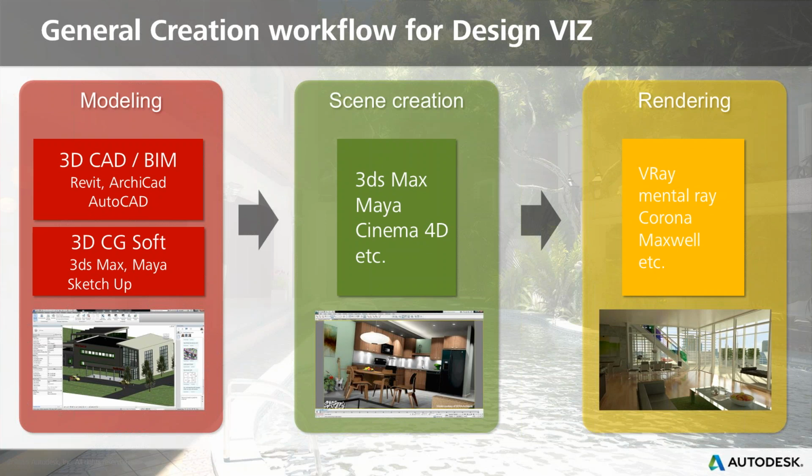And when you have created all these kind of models, you have to assemble and accumulate them in a different software. So from 3ds Max to Maya, or even other vendors or any applications like Cinema 4D, you can do scene creations very effectively. Now, I'm not touching upon just Autodesk products, I'm talking about holistically, what happens in the design visualization space.